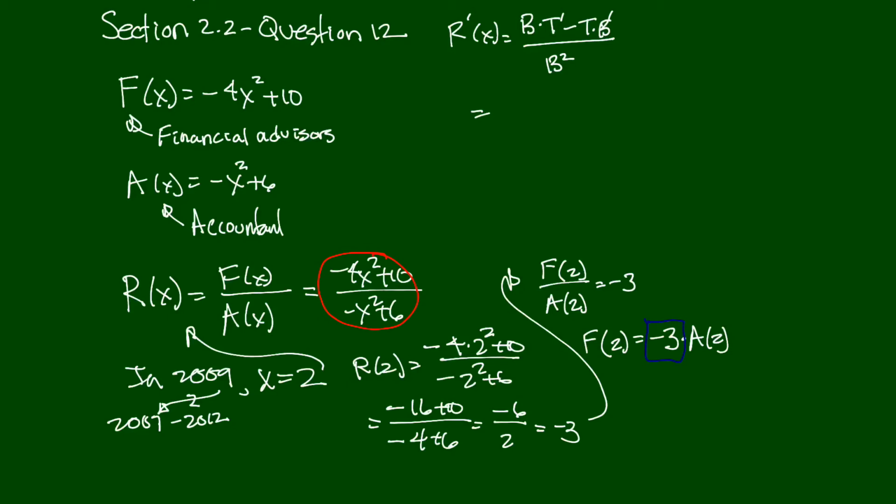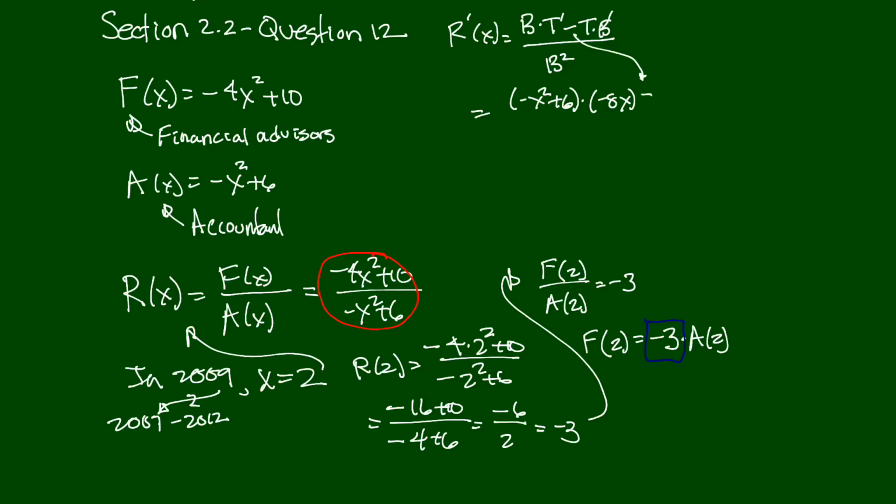So let's do it. This is going to be the bottom, negative x squared plus 6, times the derivative of the top. The derivative of the top is, bring the 2 down as a multiplier and decrease the exponent by 1, negative 8x. So we get times negative 8x. There's the bottom times the derivative of the top.